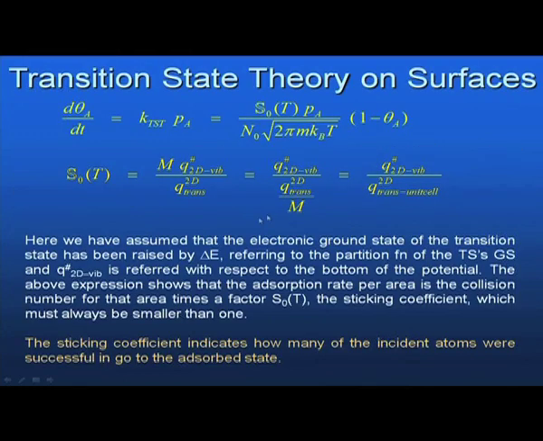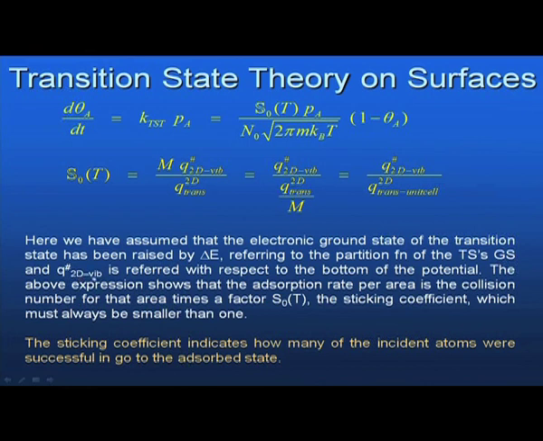So here what we have done is assumed that the electronic ground state of the transition state has been raised by delta E, and we are referring to the partition function of the transition state's ground state, that is, the transition state has the lowest level. So that we are referring to, and Q double dagger 2D vibration is referred with respect to the bottom of the potential.